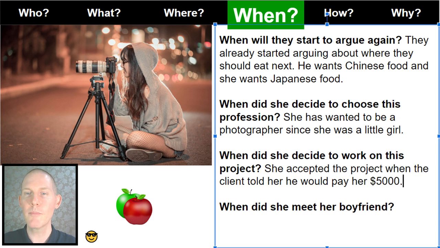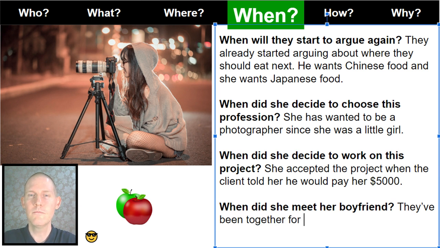When did she meet her boyfriend? Well, let's see. They've been together long enough for them to have arguments, but still stay together. Up and down relationship. We'll say they've been together for 3 years. Why not? All right. We'll see where the relationship goes.